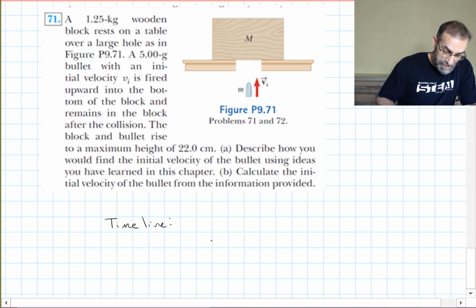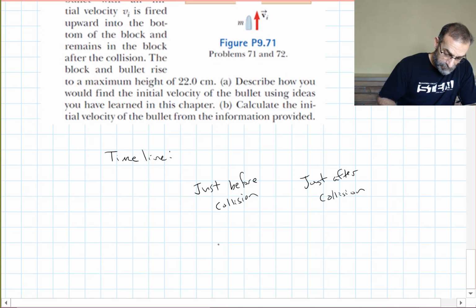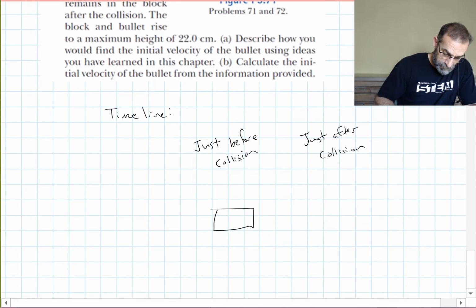Just before the collision, actually, that's the condition they've given us here. Just after. And later.